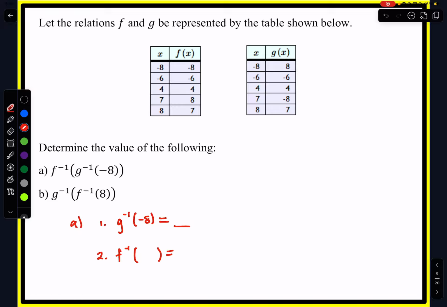We can draw a new table and identify the new x and y values for the inverse by switching these numbers, or we could just work smarter, and instead of creating a new table, we just invert the titles. So we're going to ignore this title up here, and we're going to call this the x and this the y to the inverse of g.